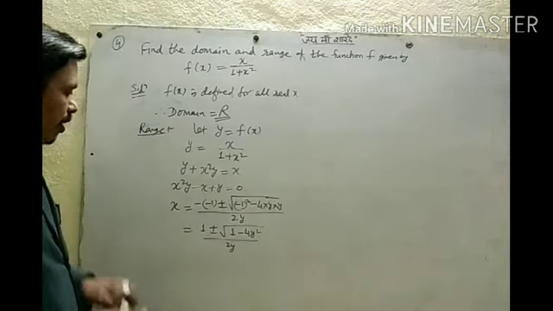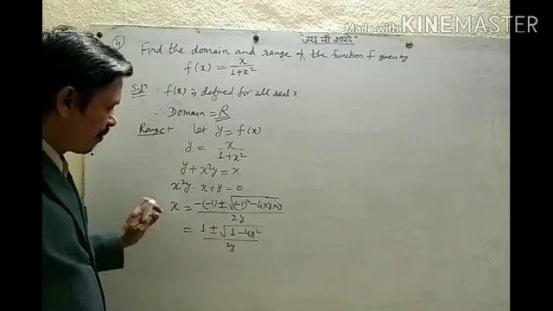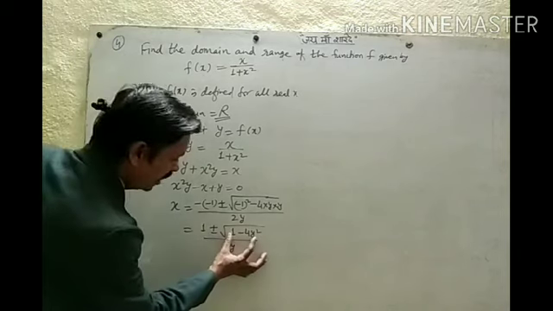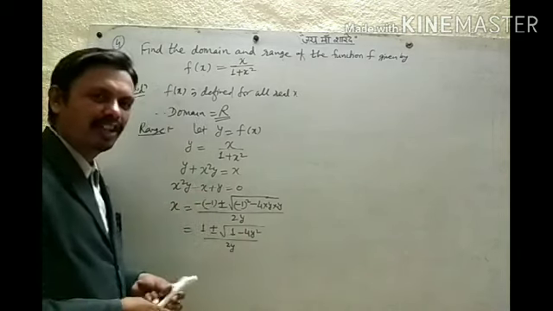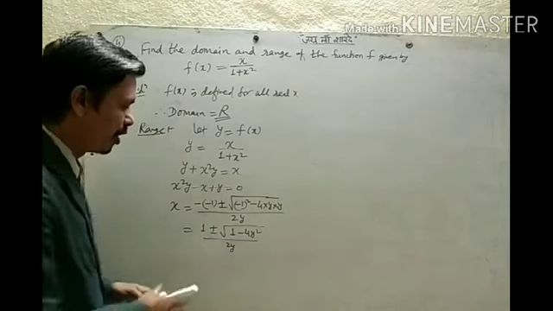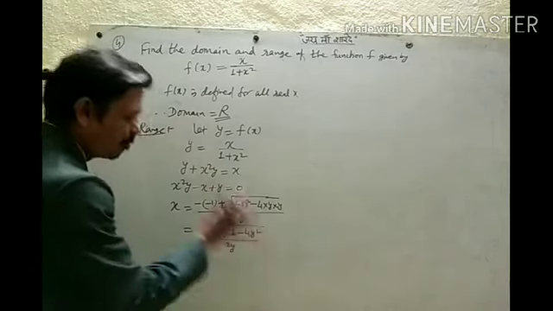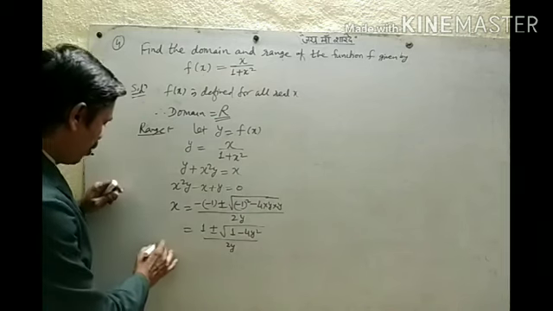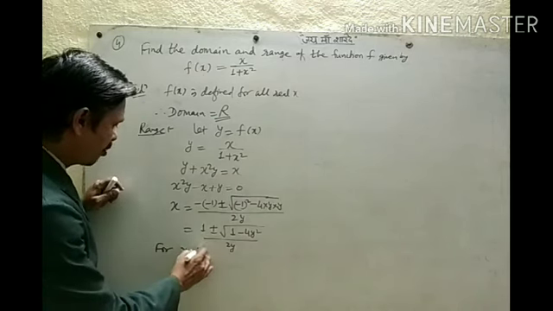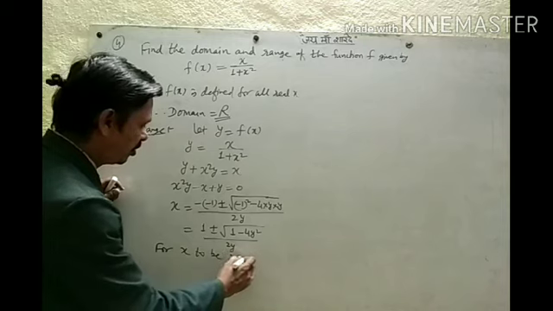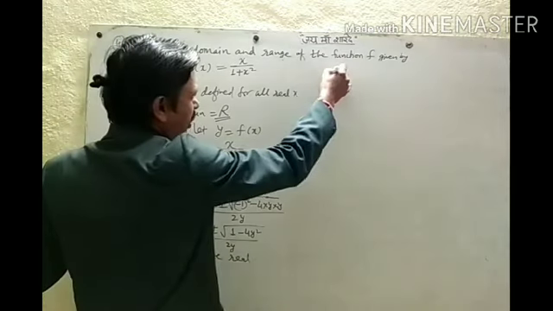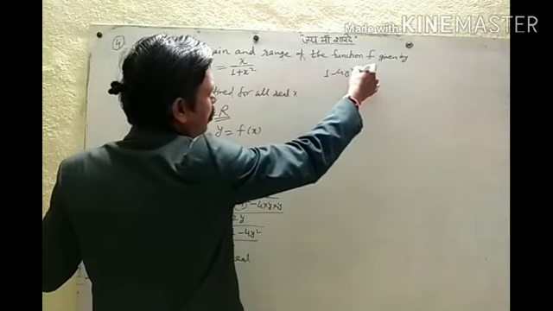Okay, so for x to be real, this 1 minus 4y square cannot be negative. For which values of y it cannot be negative, that we'll find out. So for x to be real, your 1 minus 4y square should be more than or equal to 0.